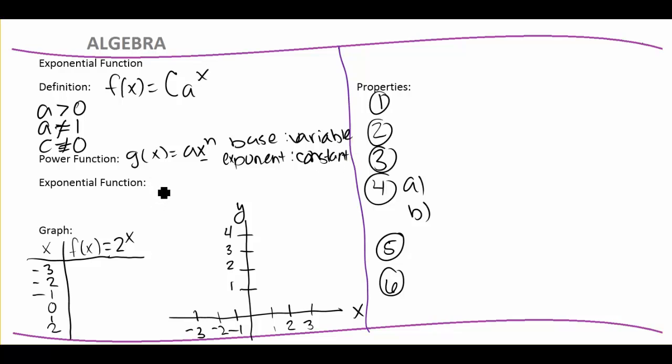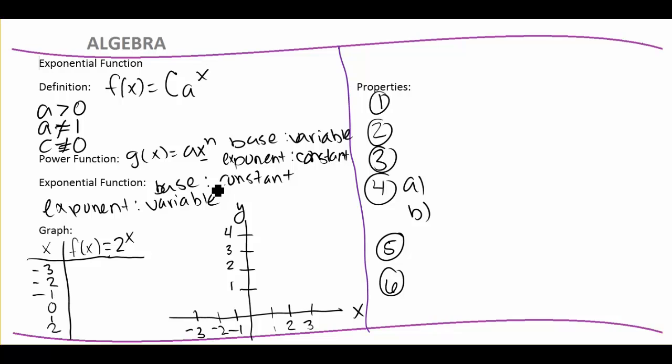And in the exponential function, though, the base is a constant, and the exponent is a variable. So that's the difference between the power function and the exponential function.